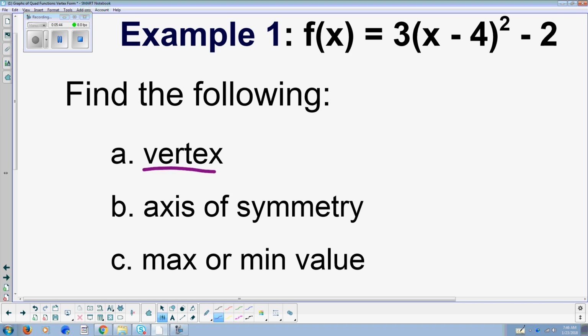Well, since this is given to us in vertex form, the vertex can be found by a sign change of this and this. So our x-coordinate is going to be positive 4, and our y-coordinate, we're going to keep that sign, is going to be negative 2. So our vertex of our parabola would be on the graph, on the coordinate plane, at 4, negative 2.